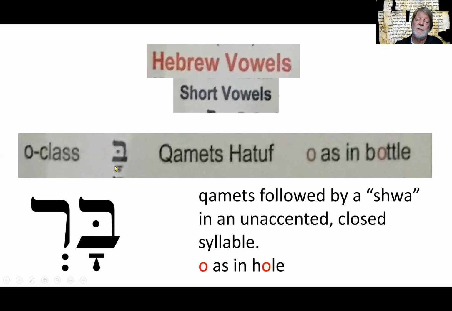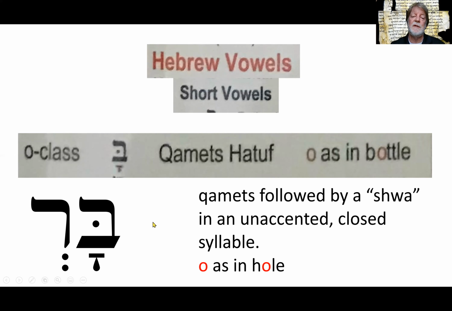In this case, it is pronounced as an O rather than an A sound, and the pronunciation would be O as in bottle. So sometimes you will see a kamats, and if it is intended to be a kamats hatuf, it's pronounced quickly. Hatuf means quickly, and as an O sound rather than as an A sound.